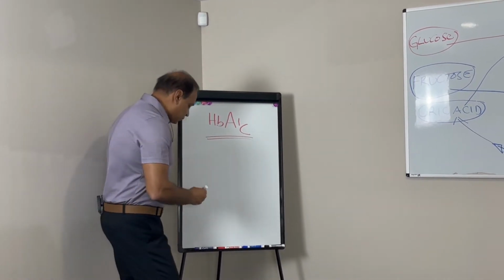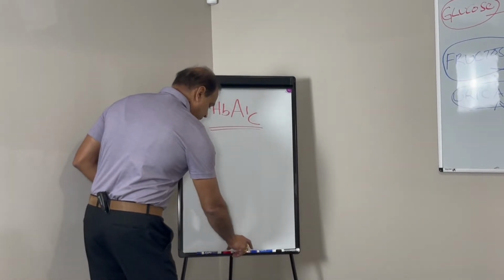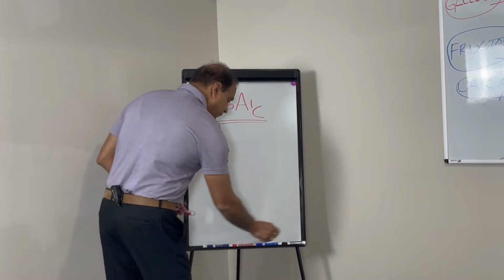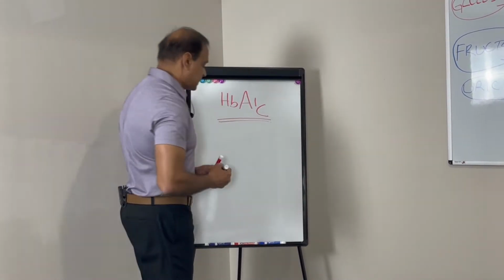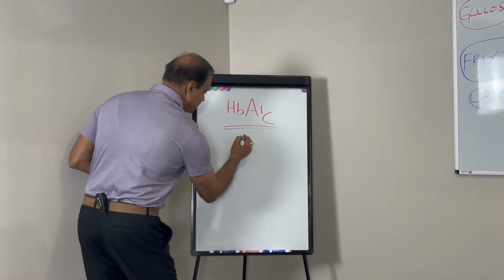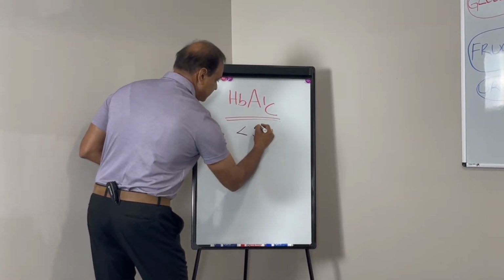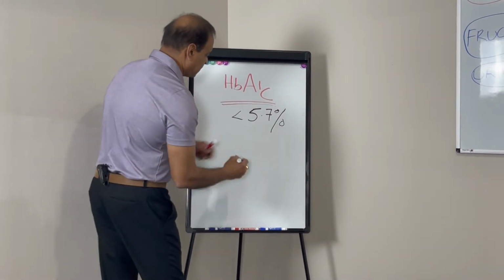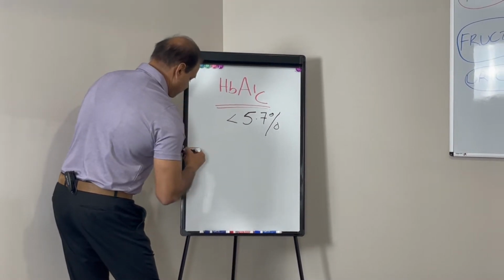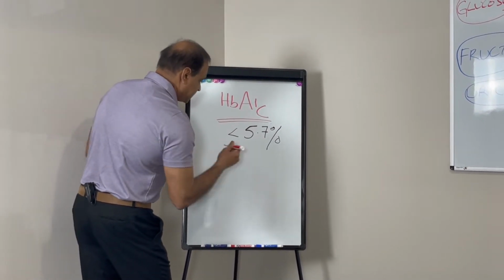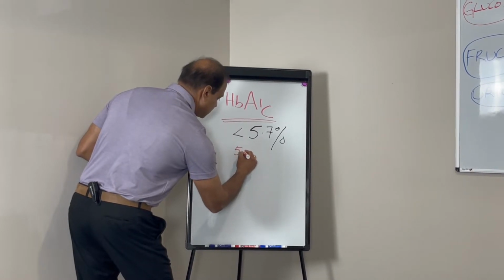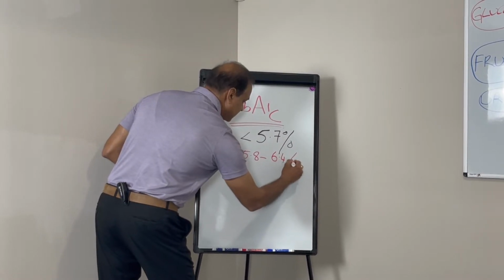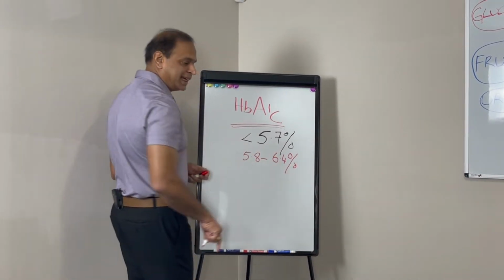And we have been told by many labs that go by a standard reference range that anything less than 5.7 percent in most of the labs is normal, and anything from 5.8 to 6.4 percent, they're calling it pre-diabetes.